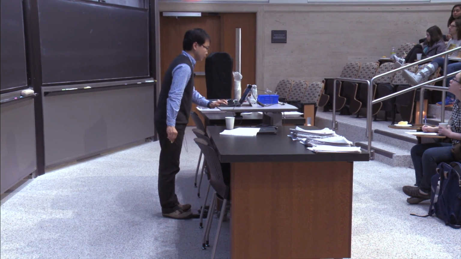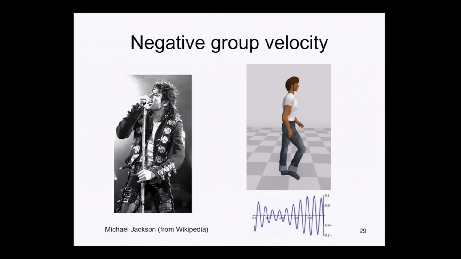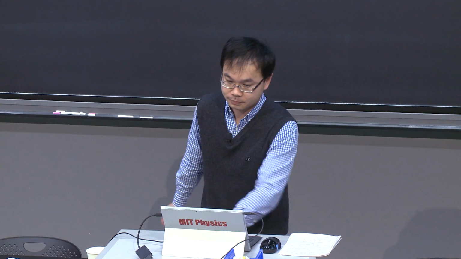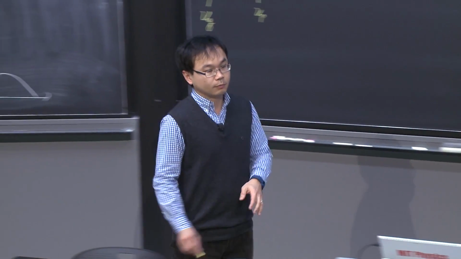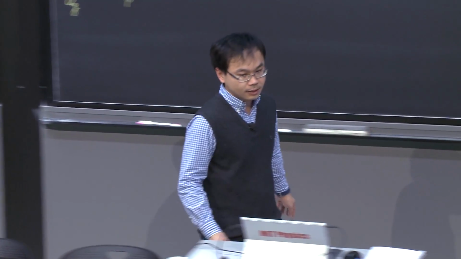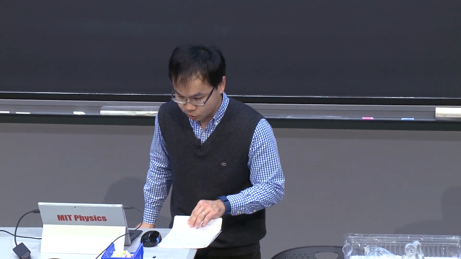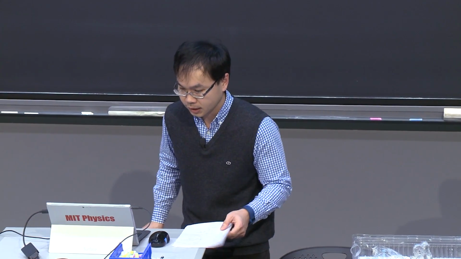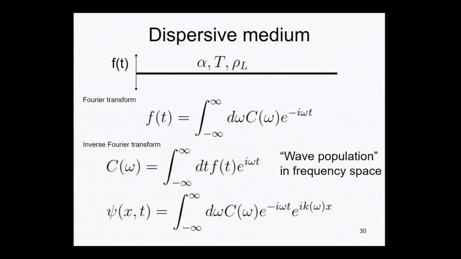So that is actually also possible, and you can construct a system which has negative group velocity. Once we have done that, we also try to understand further the description of the solution for the dispersive medium.